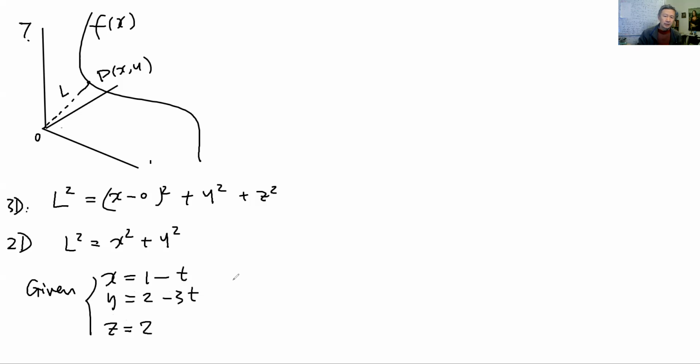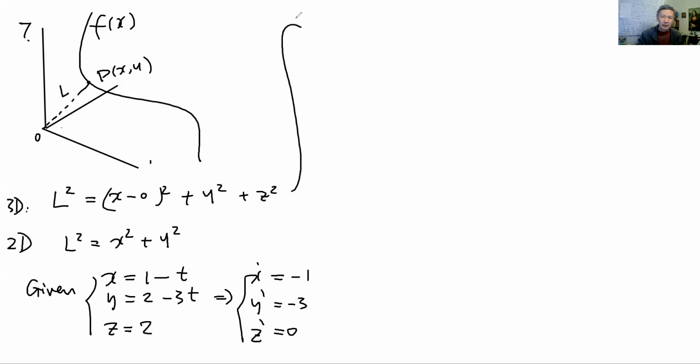So in this case, we can first find the first derivative. Do you know this symbol, the dash? The first derivative: x dash is equal to -1, and z is equal to 0. Okay, so we continue our analysis here. We get 2L dL/dt equal to 2x x dot plus 2y y dot.